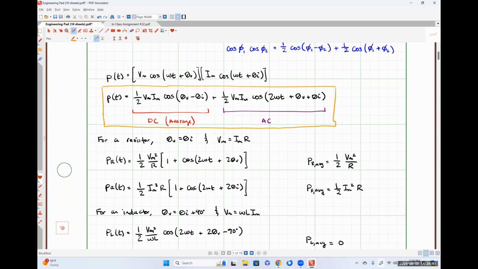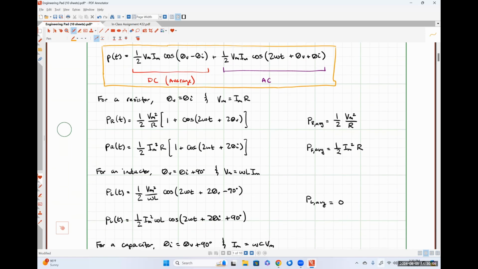The drawback of using this particular equation that I just boxed in orange is that it requires us to know the magnitude of the voltage, the magnitude of the current, the phase angle of the voltage, and the phase angle of the current, which means effectively that both the voltage drop across and the current flowing through our network or element of interest has to be fully defined.